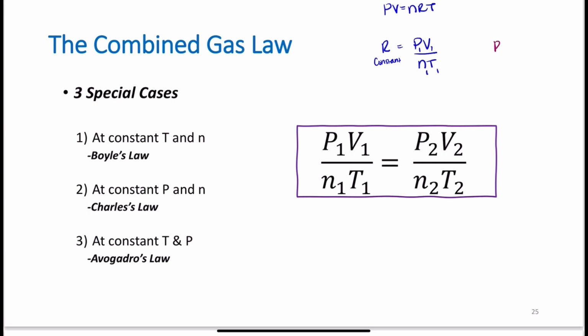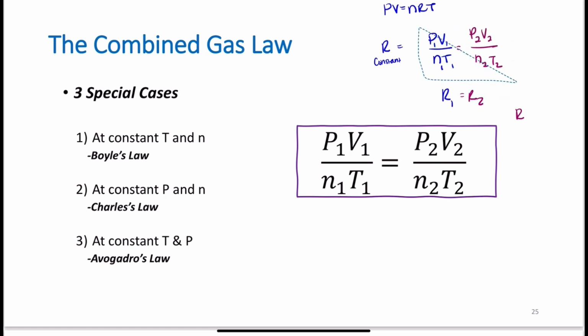So under a second set of conditions, P2V2 over n2T2, R1 still has to equal R2. Therefore, P1V1 over n1T1 has to equal P2V2 over n2T2.